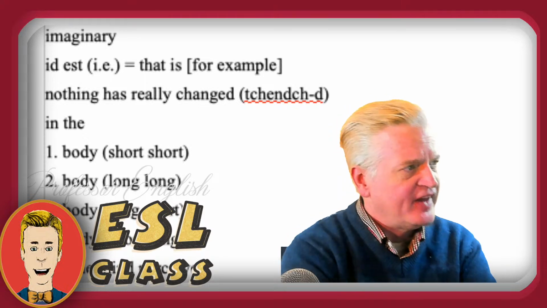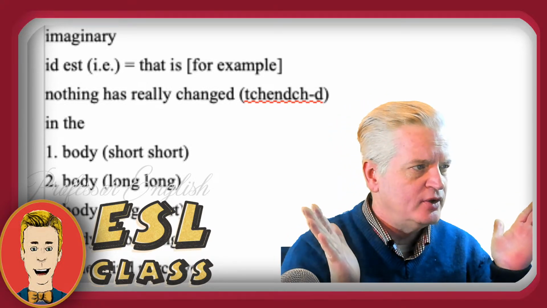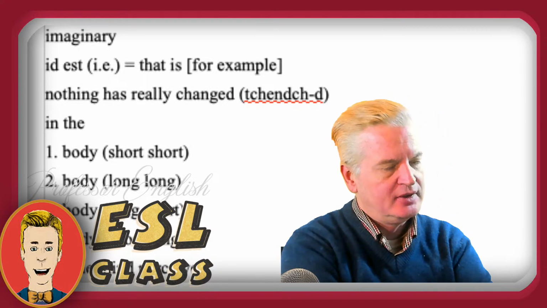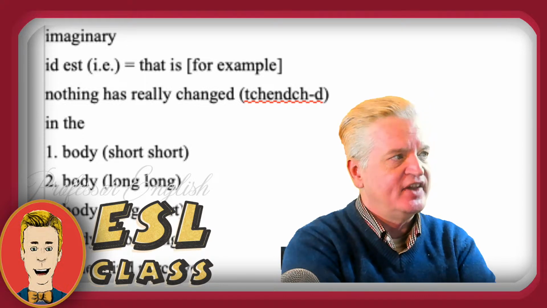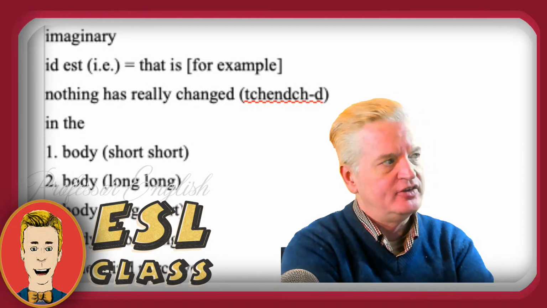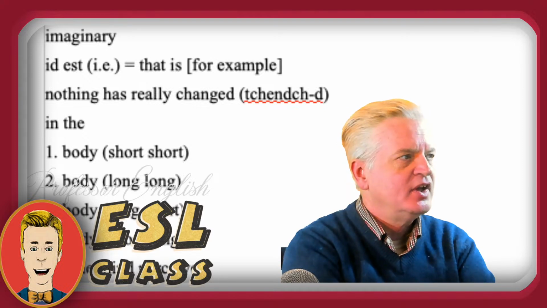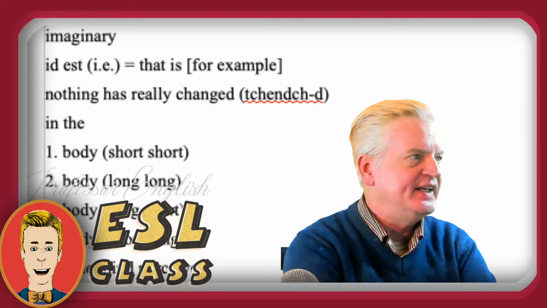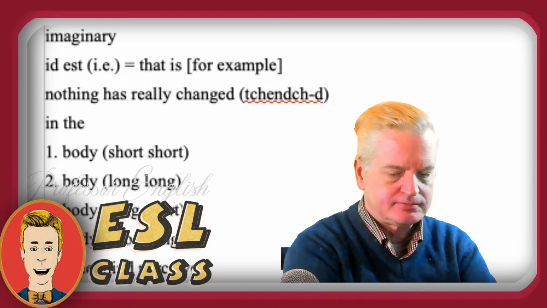And what do you think about that vowel sound in the middle of the word? Do you think that is long in duration or short in duration? Changed. Oh, that's clearly long. Nothing has really changed. Nothing has, that's short, short, long. And then long, long.